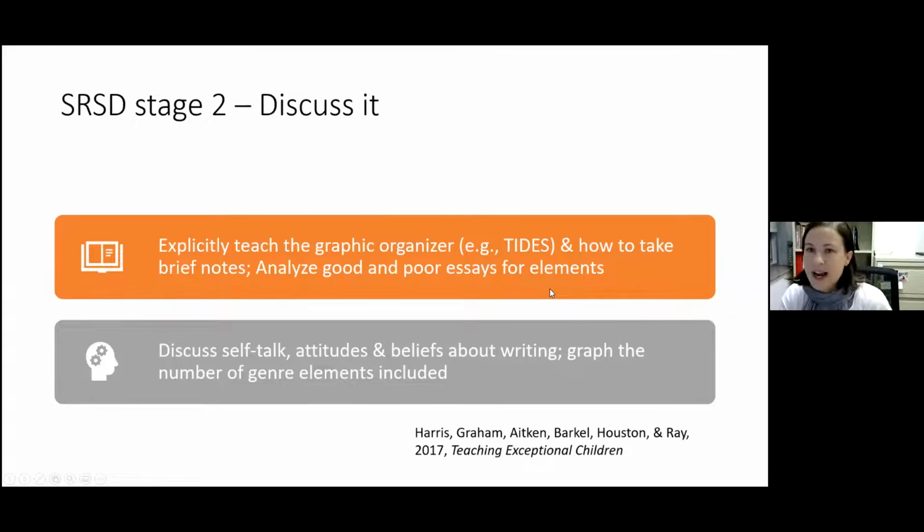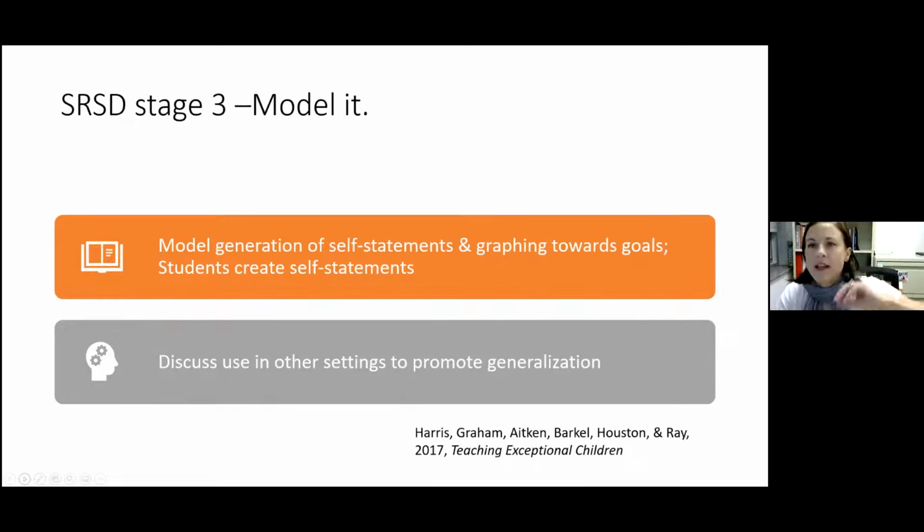There's also a strategy for how to take notes while you're reading. And then at this stage, you discuss with each other the good and poor essays for different elements that are in there. Again, a huge piece of focusing on the attitudes and beliefs about writing and setting goals and graphing kind of your baseline where you're at.